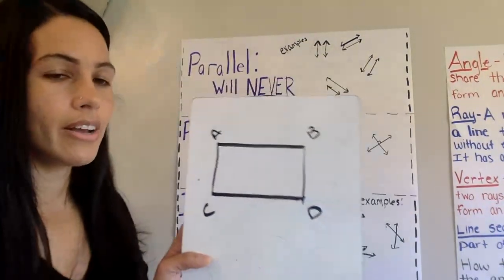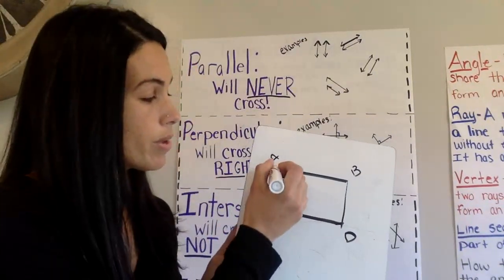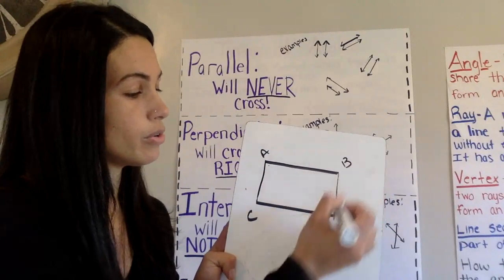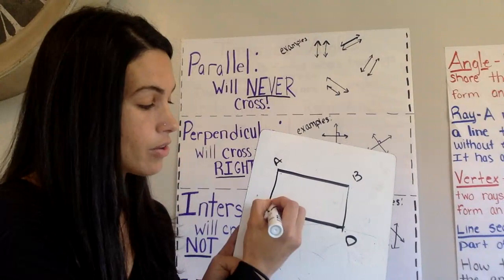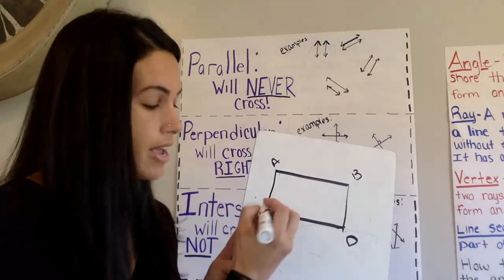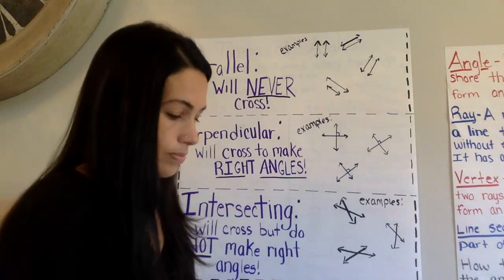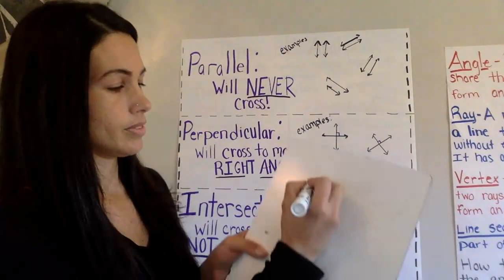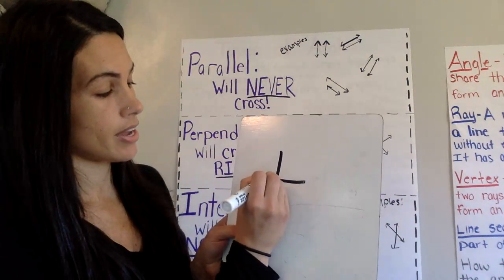So I drew a rectangle. The question would be like, how many perpendicular lines do you see? We have 1 here, 2, 3, 4. Okay? It's just 90 degrees where the 2 lines meet. And it has to be a 90-degree angle. So this is perpendicular lines. I continued on.